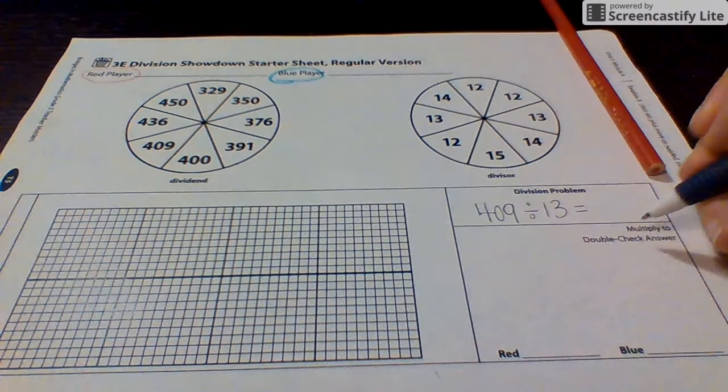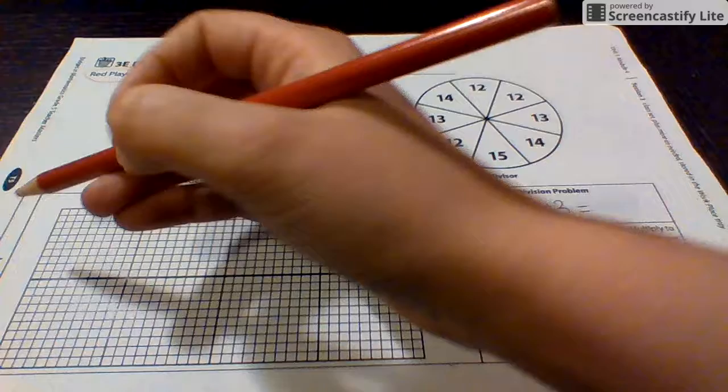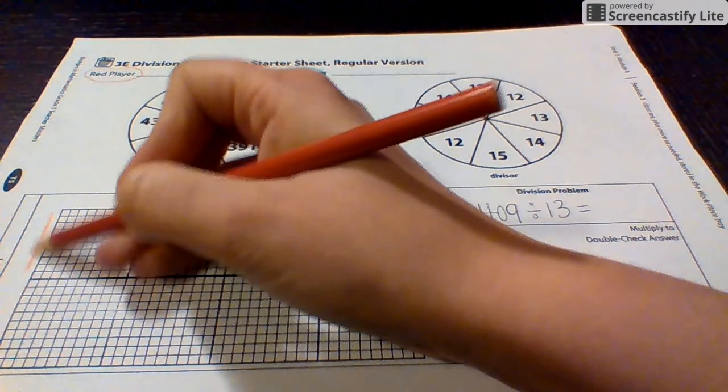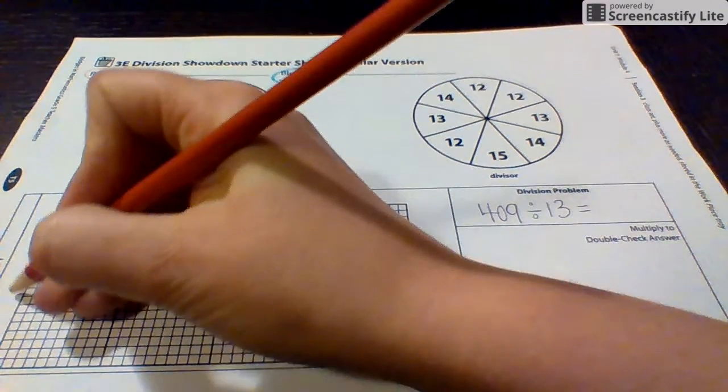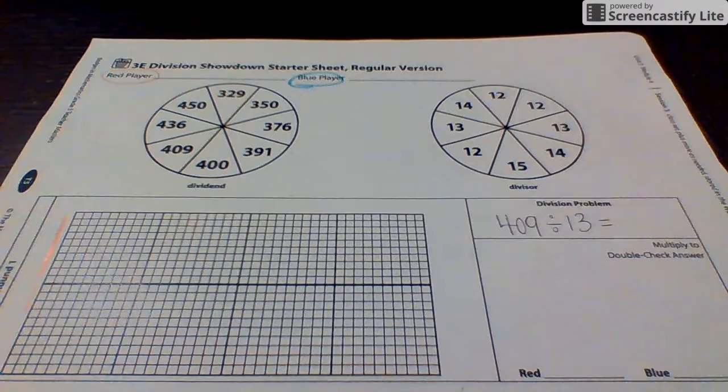So I'm going to put on this side 13 because that's my divisor. So I put my 10 bar and I put 1, 2, 3. So I have 13 on that side.